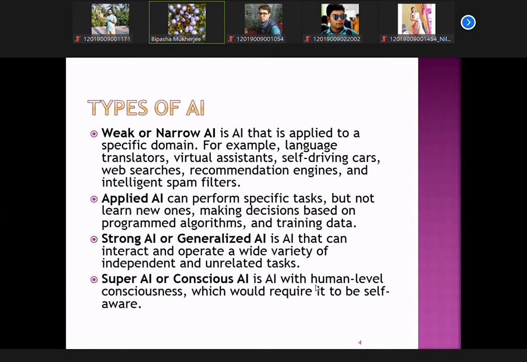No further conclusions, meaning if a rule is given A to B and another rule is B to C, in weak AI or applied AI they do not have the capability to conclude that A leads to C. They are not able to do that.